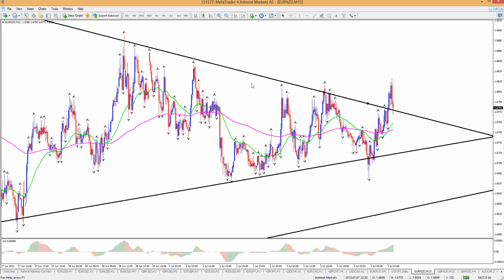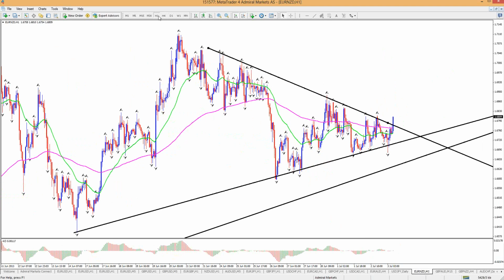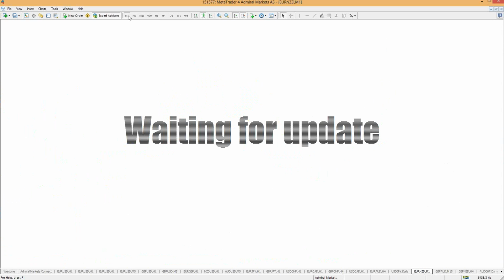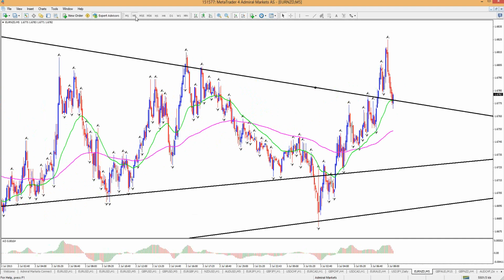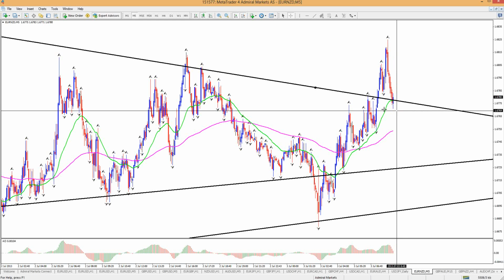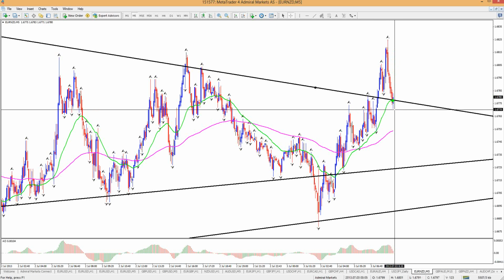But let's see. It's a pretty steep move down, though. 50 pips within a few minutes. Probably make some consolidation here, I guess. Looking at that.